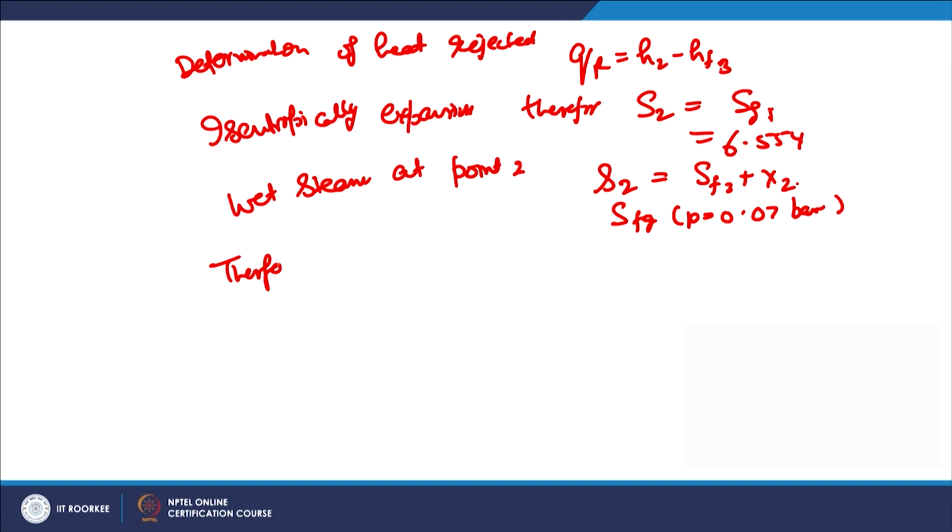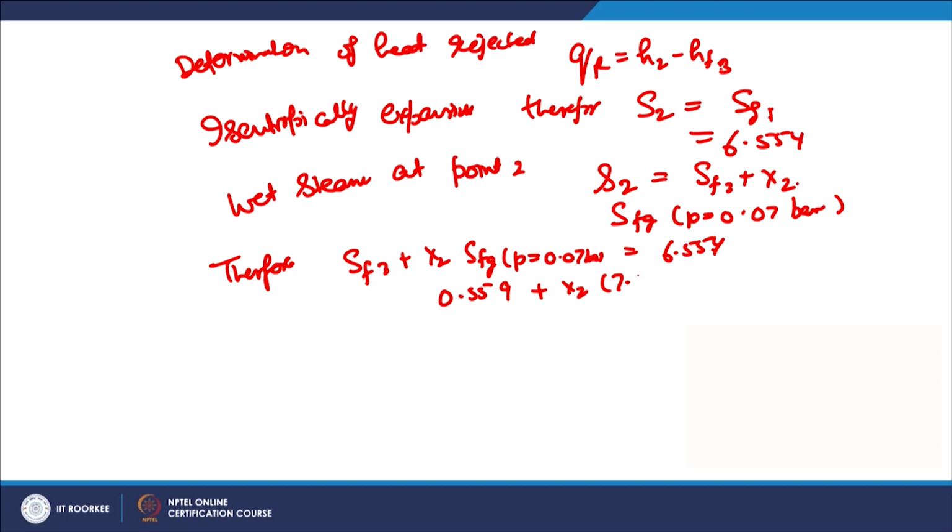Therefore, Sf plus X2 Sfg, that is fluid to gaseous form, at P equal to 0.07 bar is equal to 6.554. Now, it is 0.559 plus X2 times 7.718, which is equal to 6.554. By this way the dryness fraction X2 comes out to be 0.776.